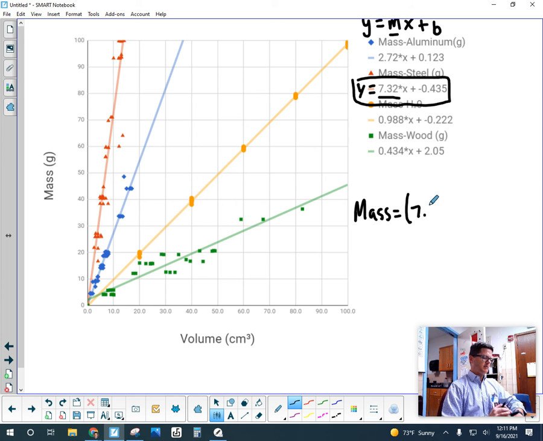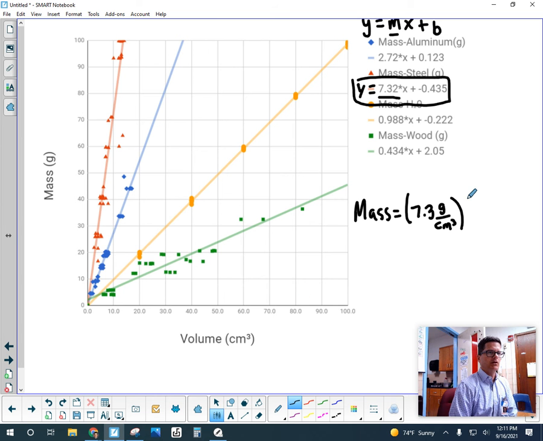And I'm going to say, let's just go with 2 significant digits to give us kind of a more round number. So I'm going to round 7.32 to 7.3. And the units on the slope would be rise units over run units. So it's grams per cubic centimeter. That's my slope. Times x.